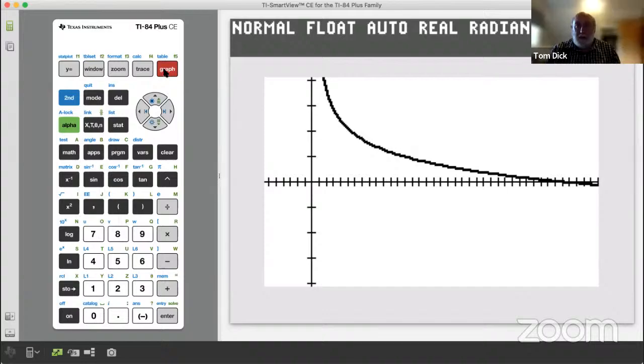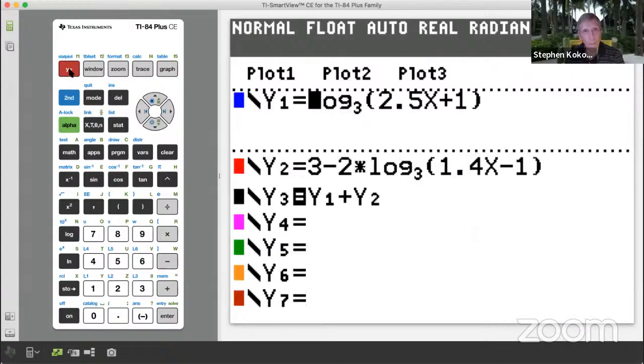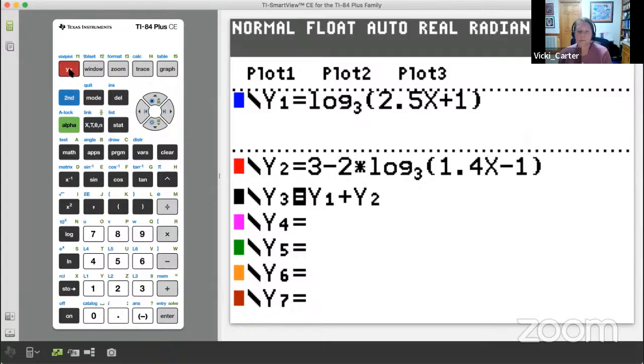Right. Okay. Tom, can I ask one more question too? Sure, absolutely, Steve. You go back to the y equal menu. Okay, so I'm just looking at y3 for a second. So I just wanted to remark, and maybe this is obvious, but when you enter y1 plus y2, you do not have to say y1 of x plus y2 of x. Right? That's correct. Okay. And I don't think there's any harm in doing that, but it's really quicker to do this.